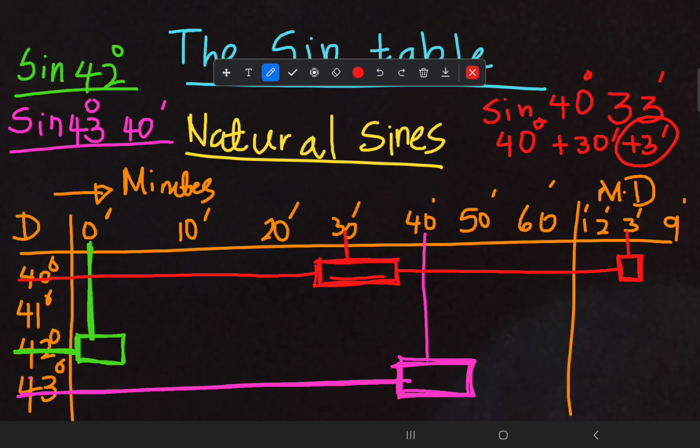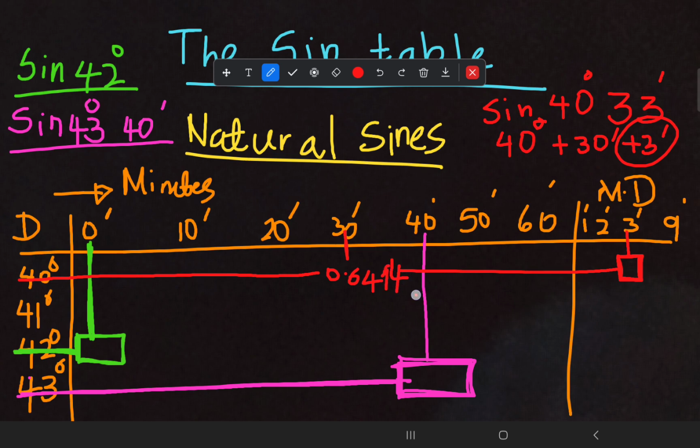For an example, here in your table you can see sine 40 degrees and 30 minutes. Okay, 40 degrees and 30 minutes. That is indicating 0.6494.